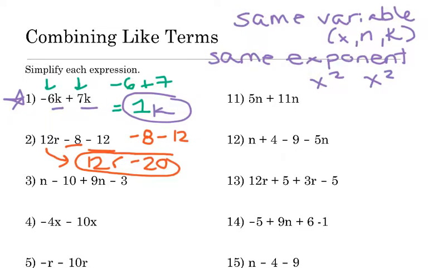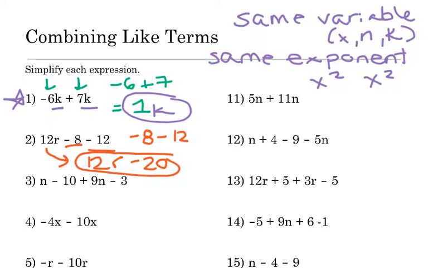Looking at number 3 just takes it one step further. I now have 4 different terms, and you'll actually have 2 separate times that you're combining. Okay, so first I see n, and I want to find the like term for n.